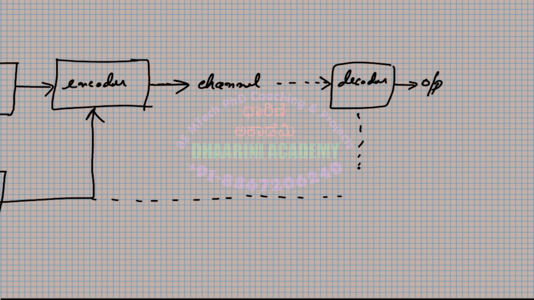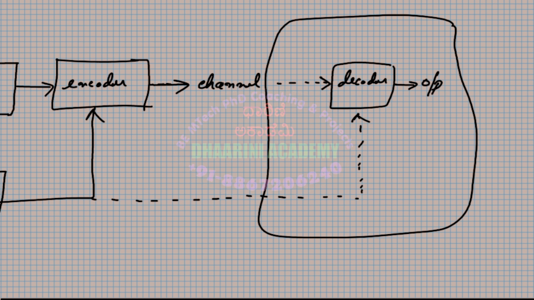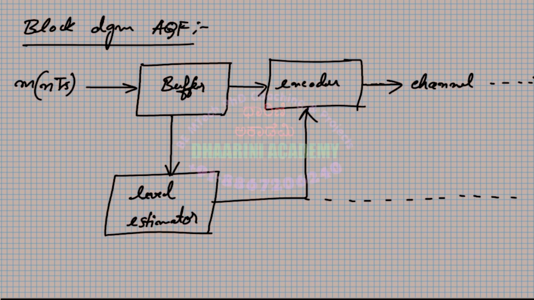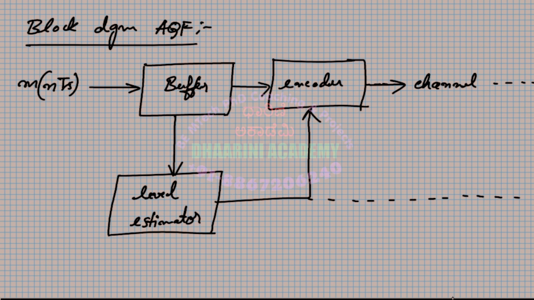There will be a separate level estimator available for the decoder. This is the part which I don't suggest writing, because our intention is just to see the AQF. Anyway, that part which I added now is not required for an AQF.